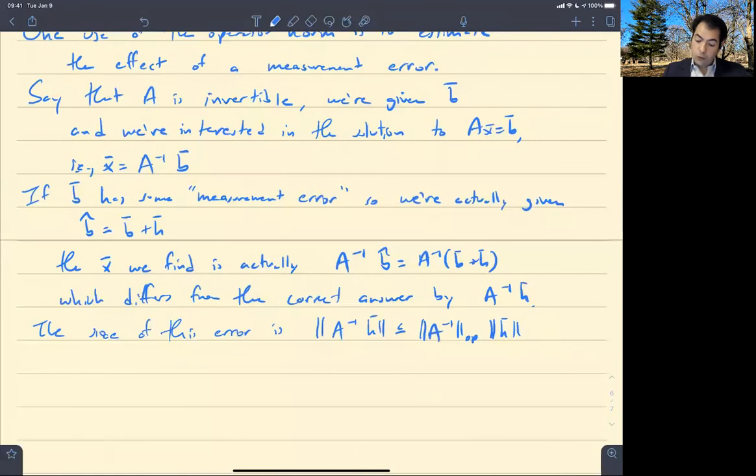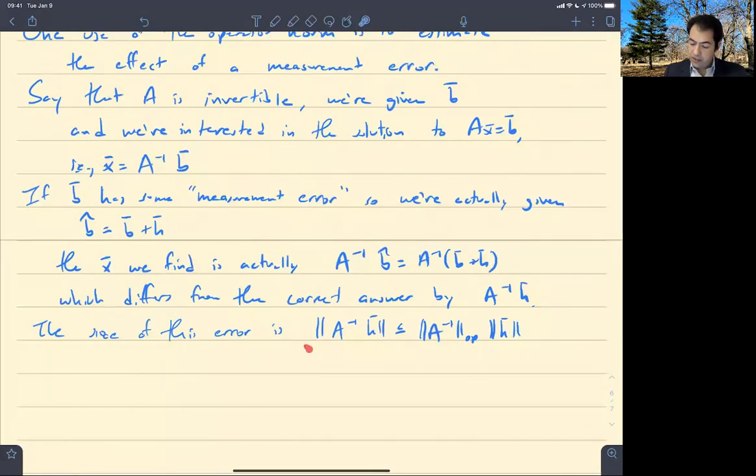And when you're doing computations on computers, there are rounding errors. What if you have an eigenvalue that's smaller than the rounding error? Then the computer can't really tell that you're invertible. What if it's close to the rounding error? This is where you would notice that. So the size of A inverse is going to be very large if A is close to being singular.